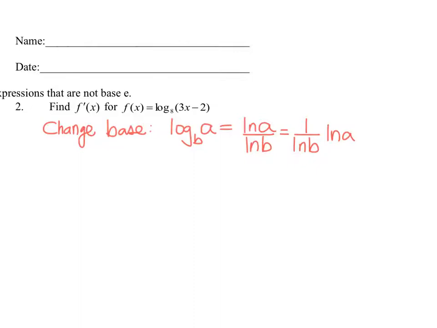So this is going to be good news, because what that tells me is that whatever the base is, I can incorporate that into a coefficient of the natural log of whatever the function is related to. So it was the log base 8 of 3x minus 2, so I could rewrite that as the natural log of 3x minus 2 as long as I make the original base part of the constant multiplier.